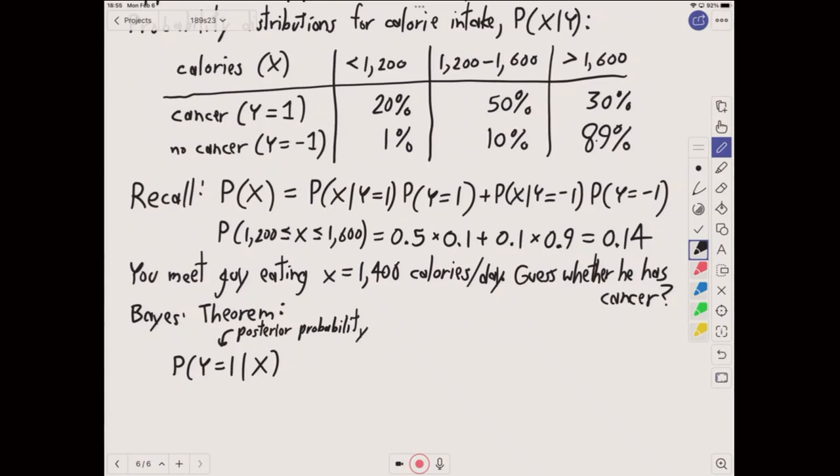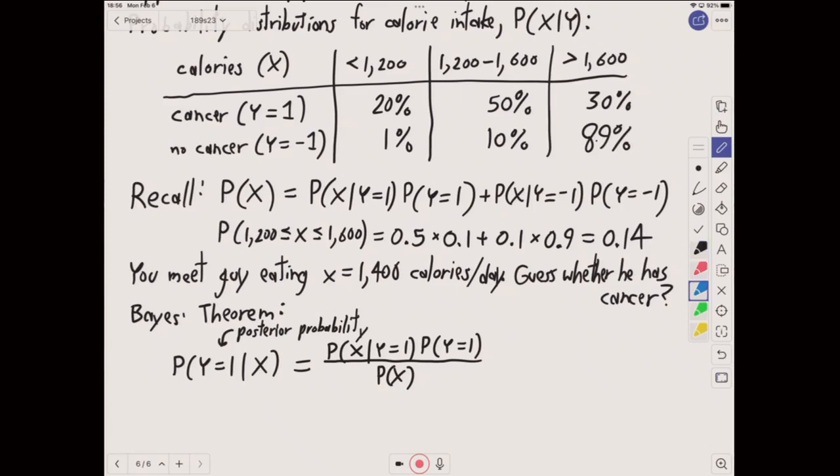Bayes' theorem says that this posterior probability is equal to the following ratio. You take the conditional going the other way, that is the probability of eating a certain number of calories if you have cancer, you multiply it by the likelihood of having cancer, and then you divide by the probability of eating that many calories.